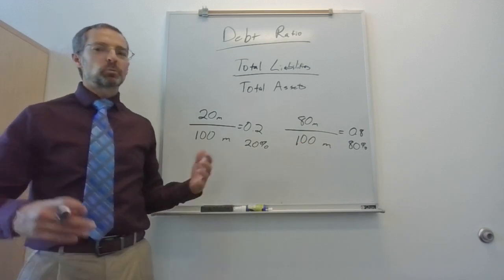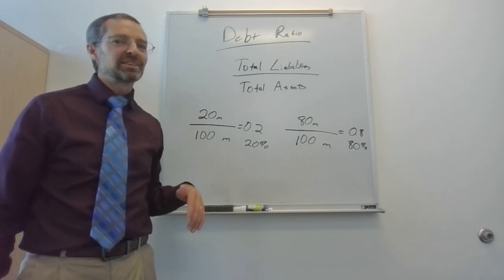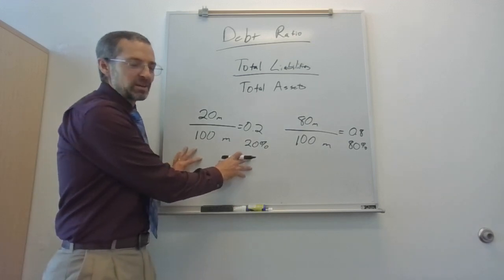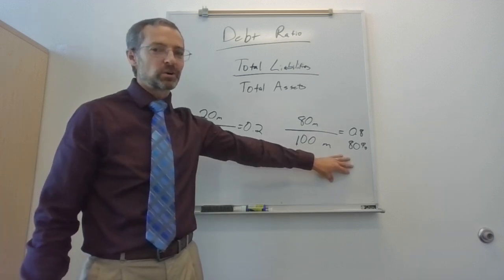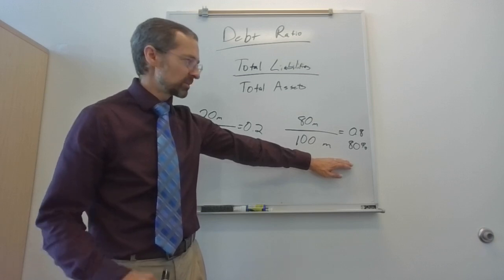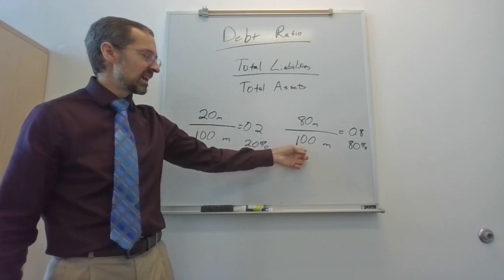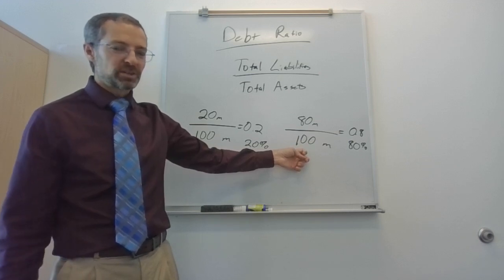If something went wrong, which company would you be more comfortable saying, hey, they'll be okay? It's probably the lower debt one. Because if something bad happens to this one, they could easily end up underwater, right? They could easily end up in bankruptcy or something like that, because they have 100 million in assets, and hey, something is not worth as much as it did before.